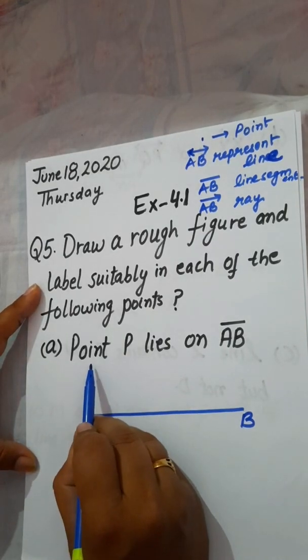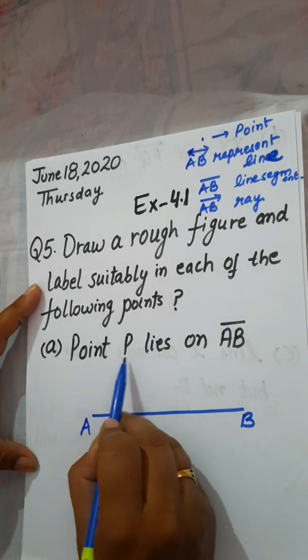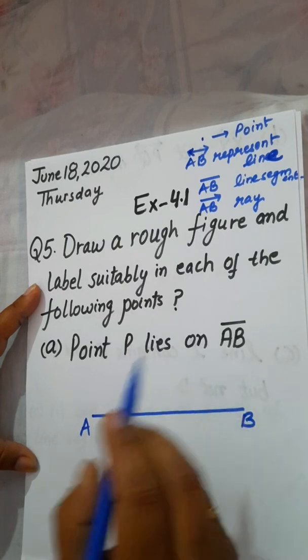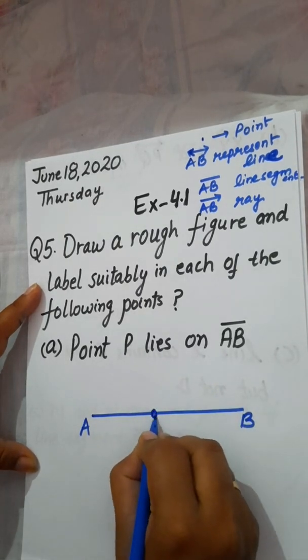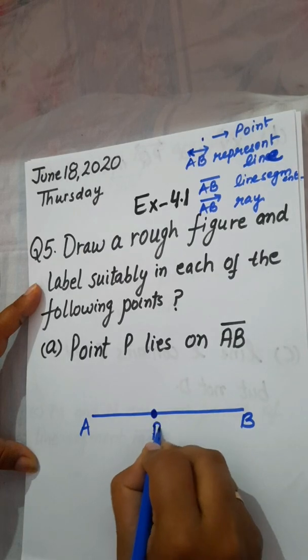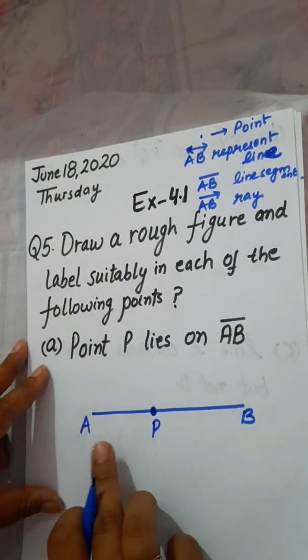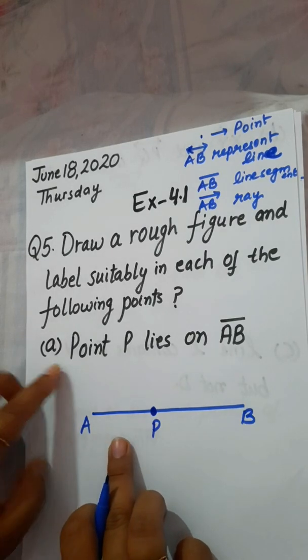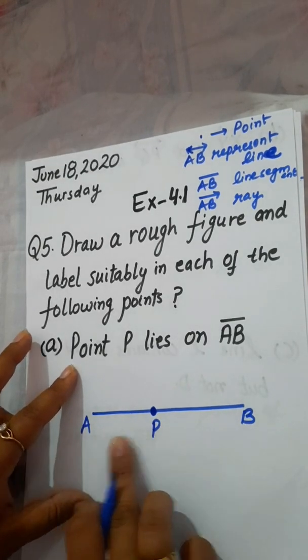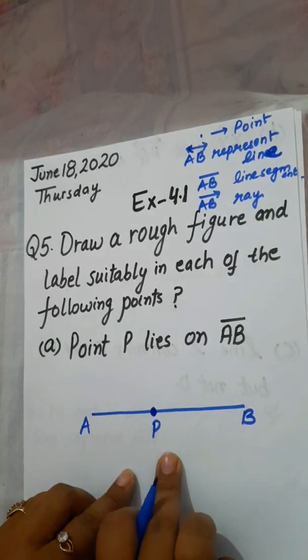You have to plot point P which lies on AB. Lies on AB means you have to draw a point P on AB. You can draw it anywhere, but on AB. So this is your rough figure of A part.